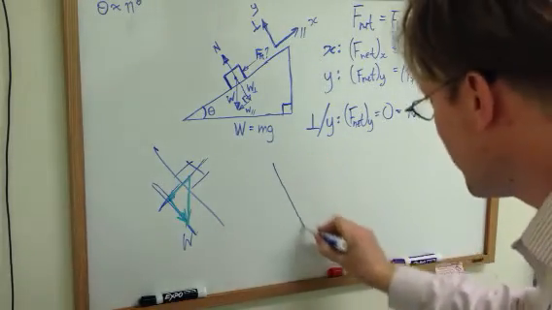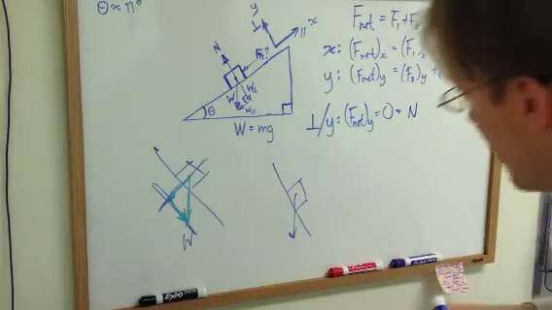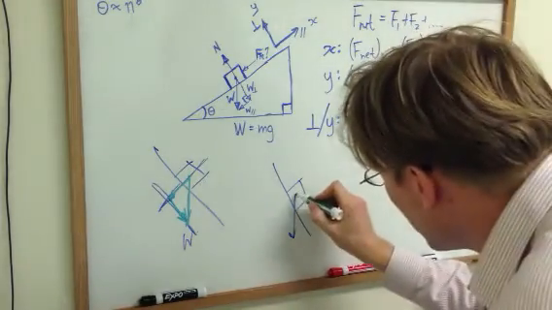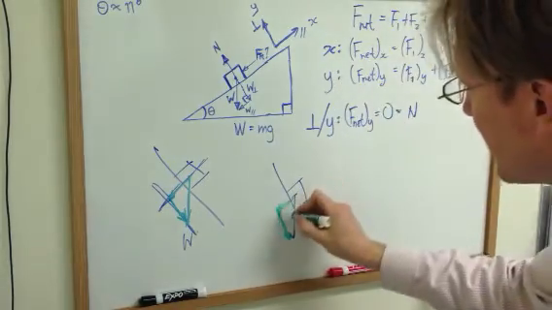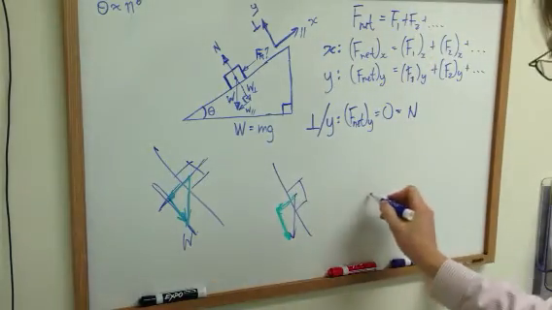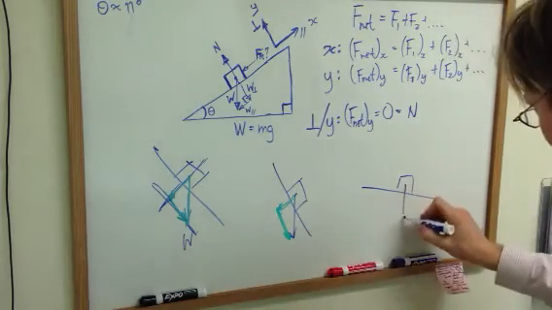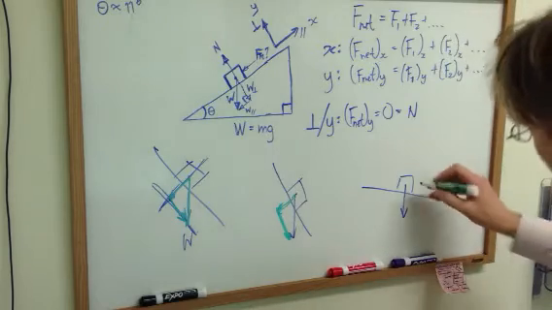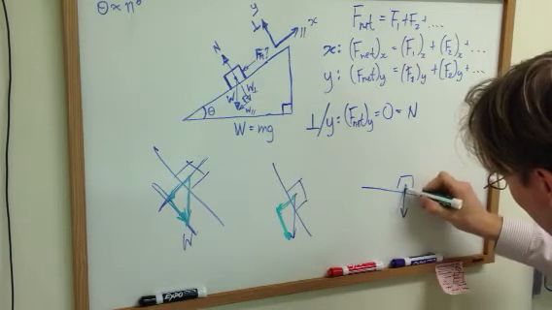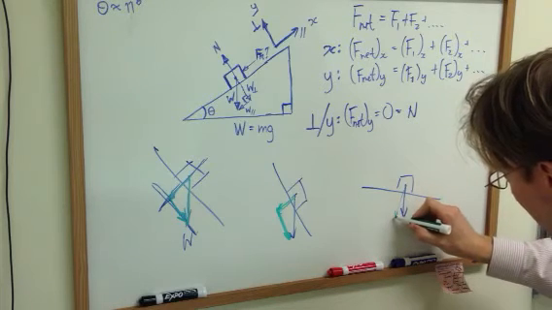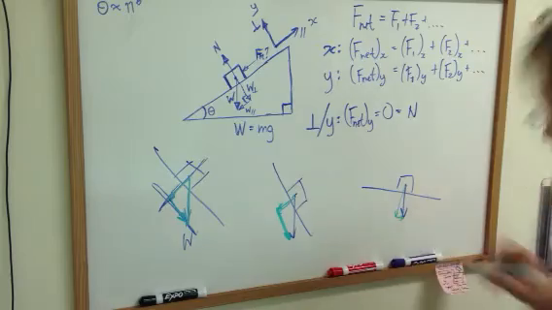Now when slopes are steep, the weight mostly doesn't pull against the surface very much and mostly pulls down the surface. And when the slope is shallow, the weight mostly pulls against the surface and doesn't pull along the surface very much.